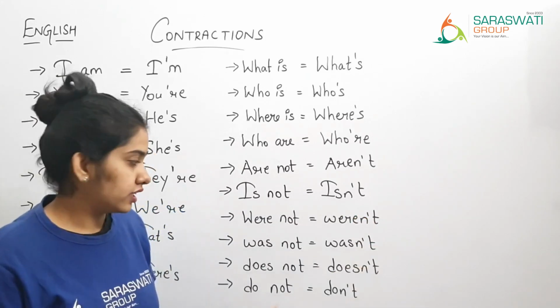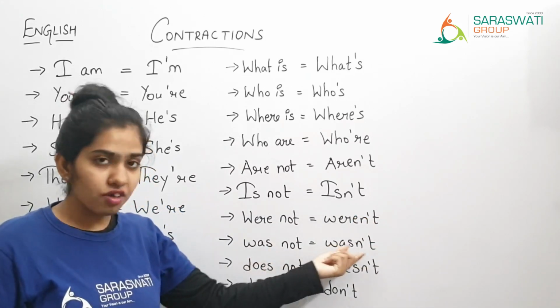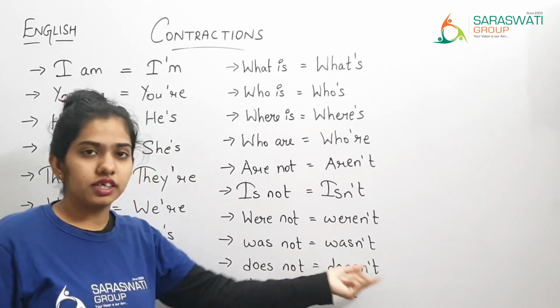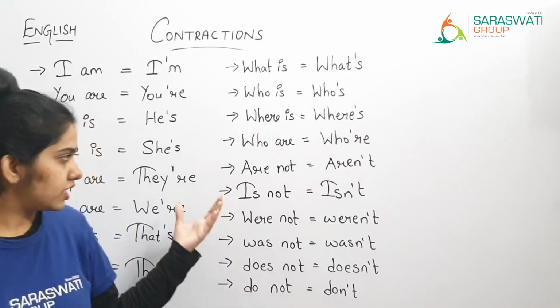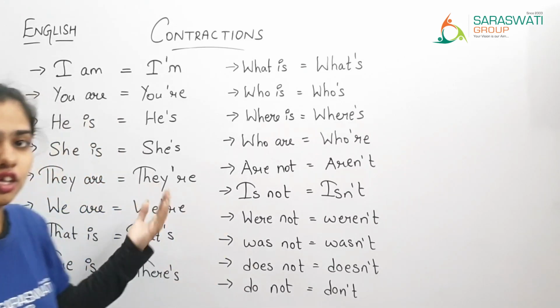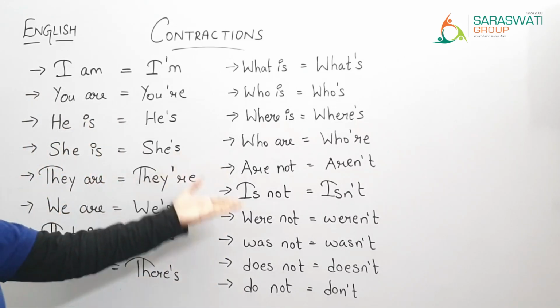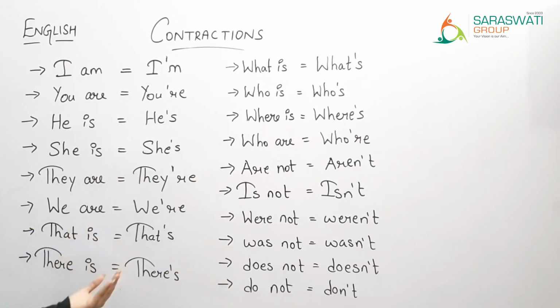So weren't, was not, wasn't, does not, doesn't, do not, don't, right? So these are the contractions. If you want to write these contractions down in your book, then pause the video and write it down.